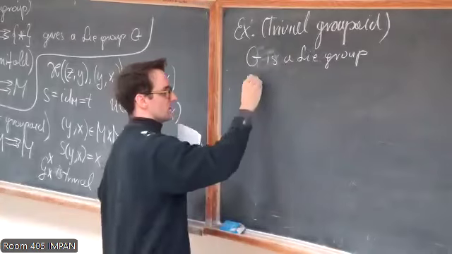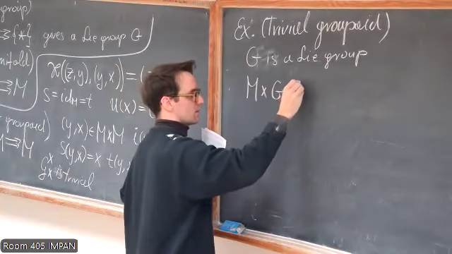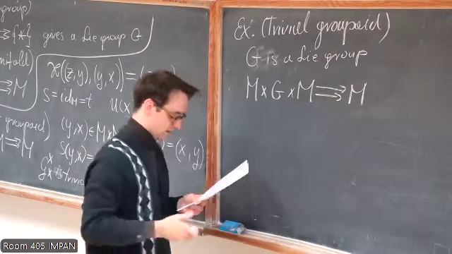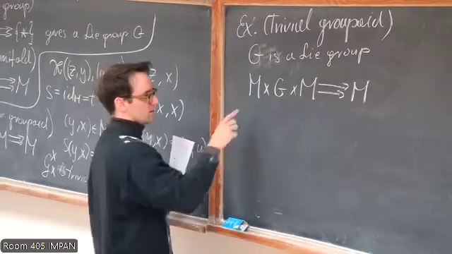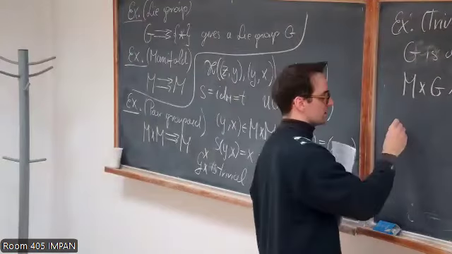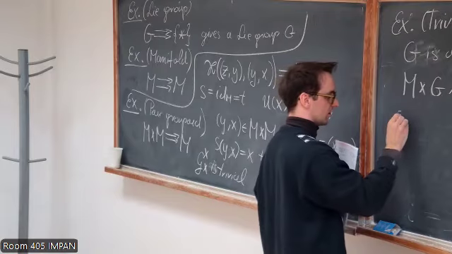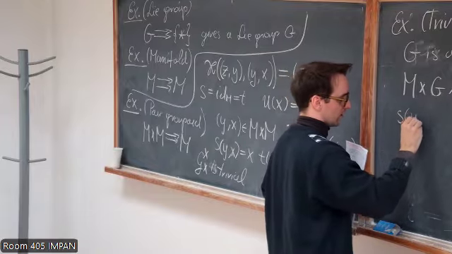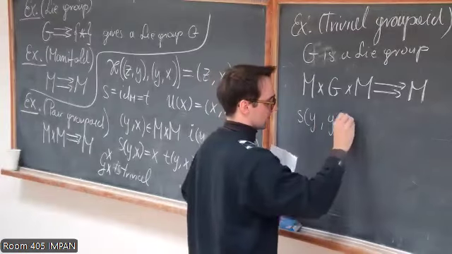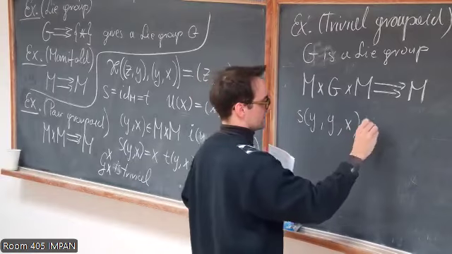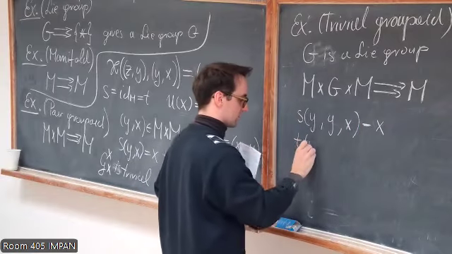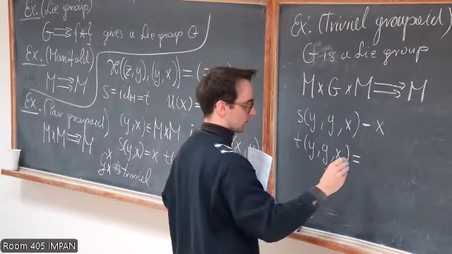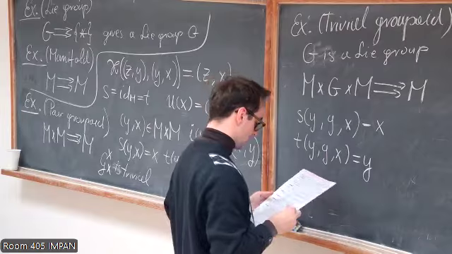And then the groupoid is G times M over M. So, the source of (y, g, x) is equal to x, and the target of (y, g, x) is equal to y.